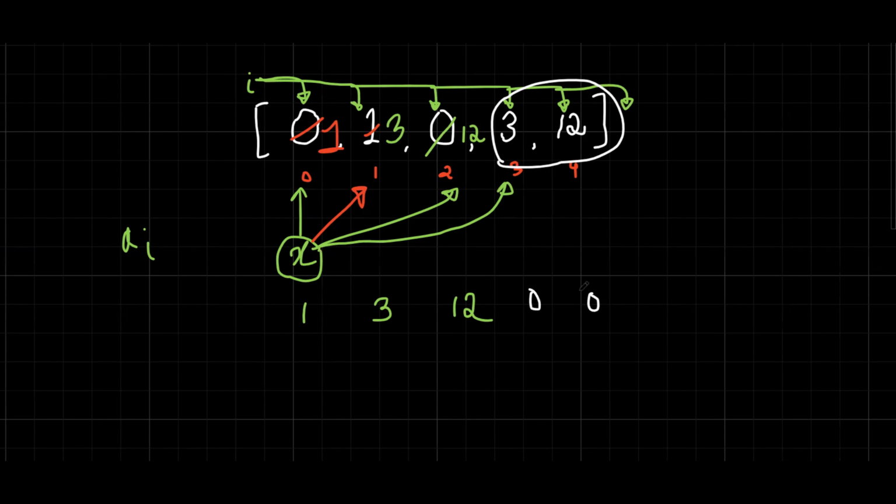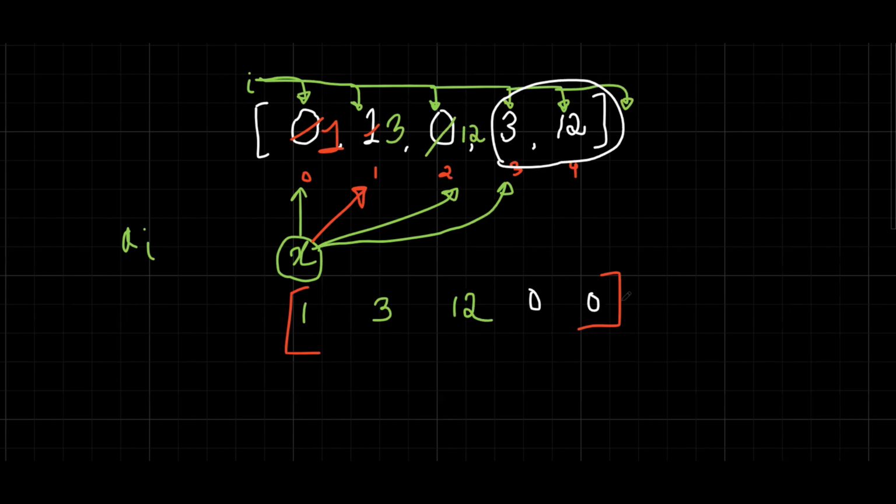So this is the basic algorithm. After making all of the remaining elements 0, we will find the array will be 1, 3, 12, 0 and 0, which is the desired output. I hope you understood the two-pointer approach of this problem.